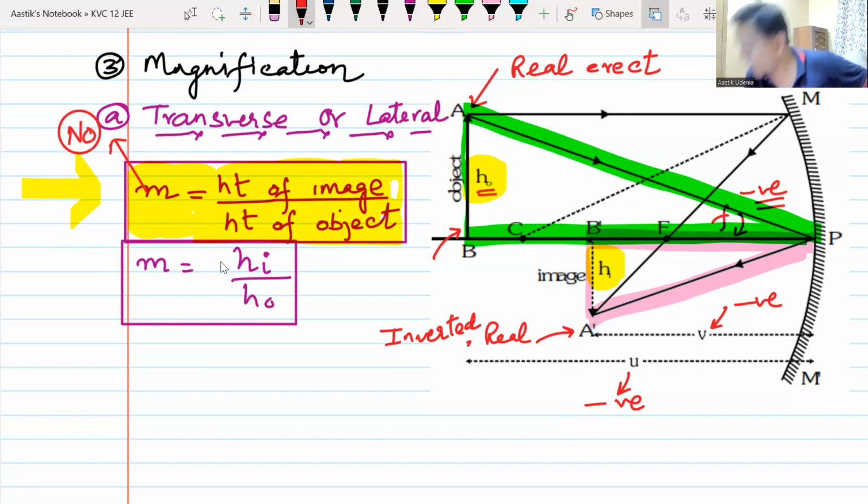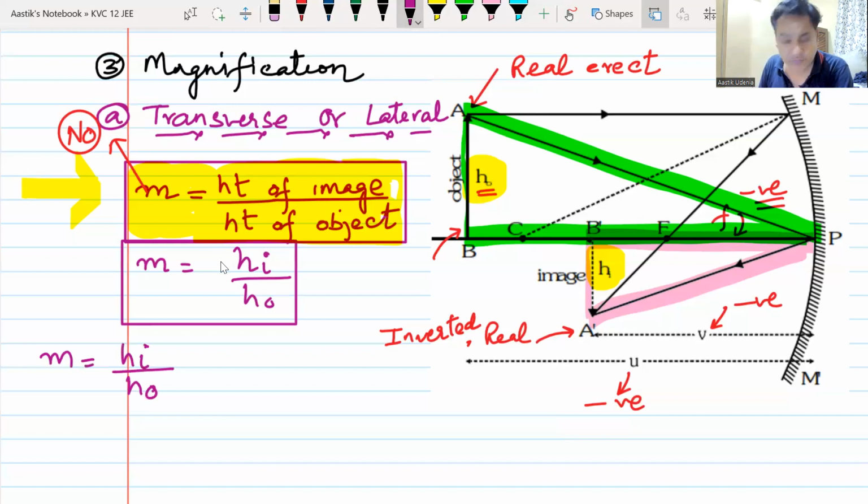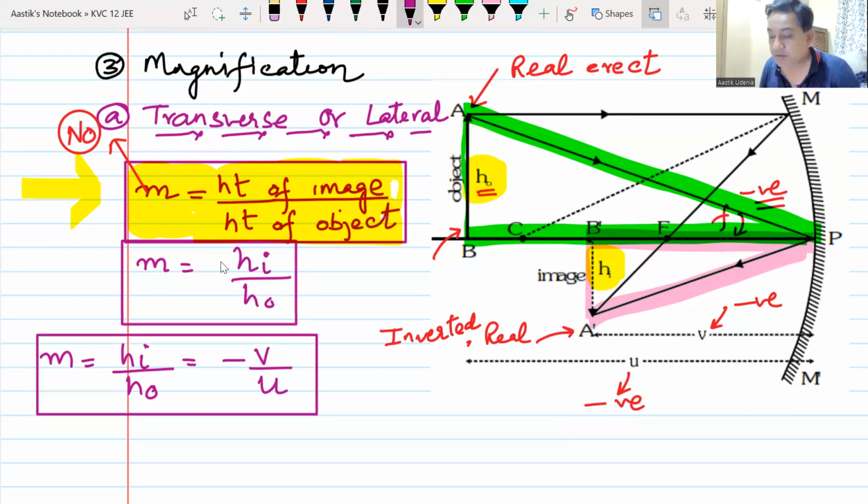Now, from these two similar triangles, the pink one and the green one, I can easily find the relation m = HI by HO, which will be equal to minus V by U. Why minus? Because the image is inverted and the object is erect, and therefore this negative sign comes.